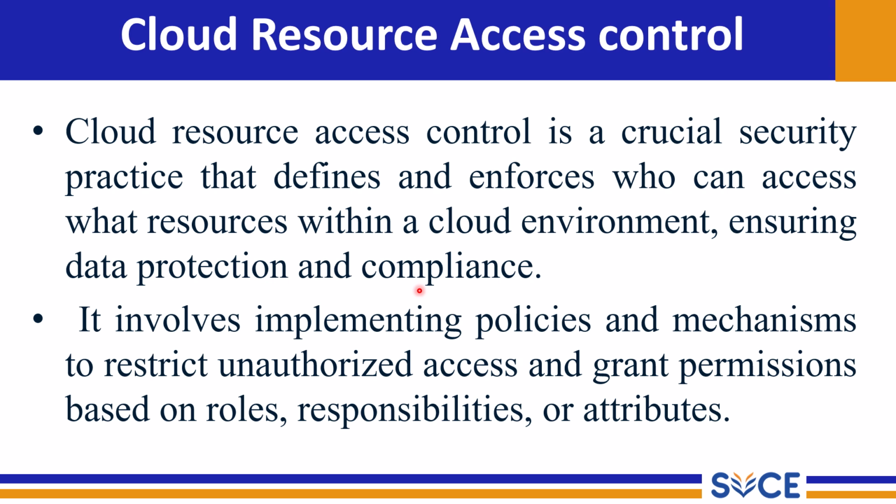Resource hierarchy: permissions can be inherited, for example from an organization to the project to the resource. Auditing and logging track who accessed what and when, and are critical for security and compliance. Temporary credentials and access tokens are used for short-term access, reducing long-term risk exposure.